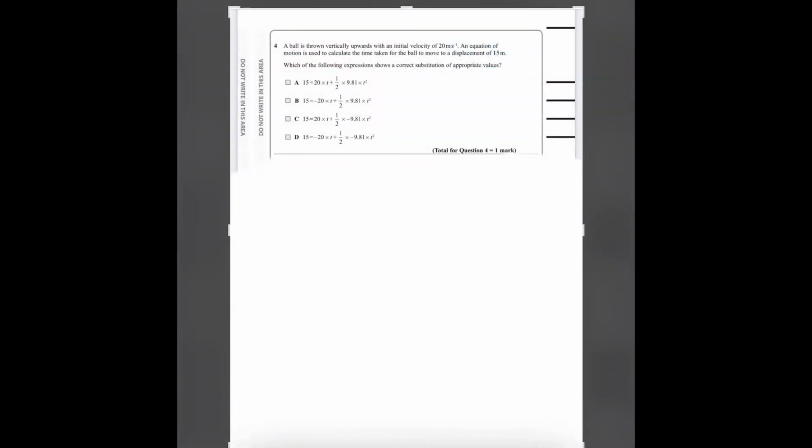Number 4. A ball is thrown vertically upwards with an initial velocity of 20 meters per second. So we have the ground level here, and a ball is thrown upwards at 20 meters per second, and an equation of motion is used to calculate the time taken to move a displacement of 15 meters.